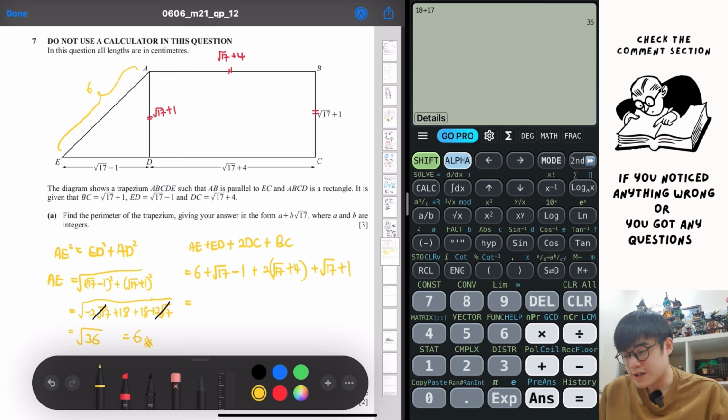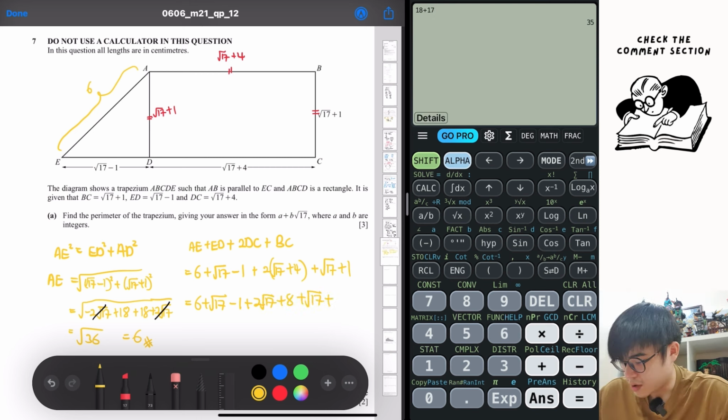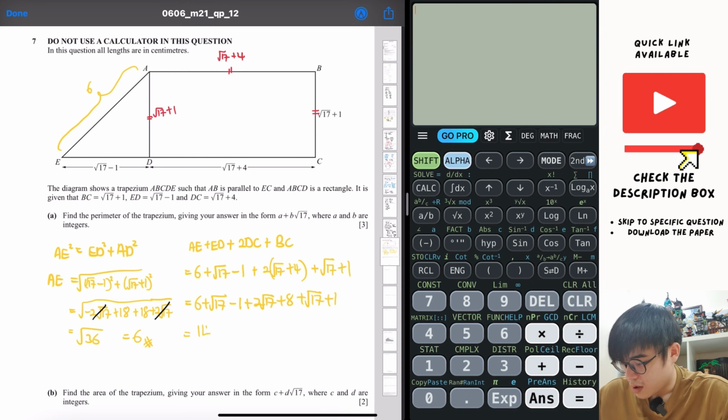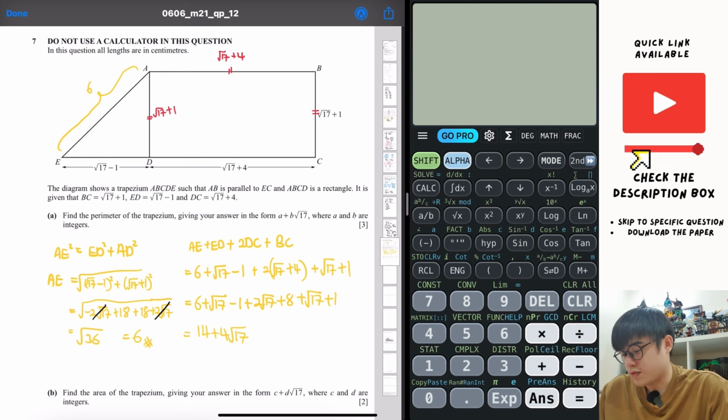When you finalize the calculation, you will get your results as 14 plus 4 square root 17. So this will be your final result for 7A here.